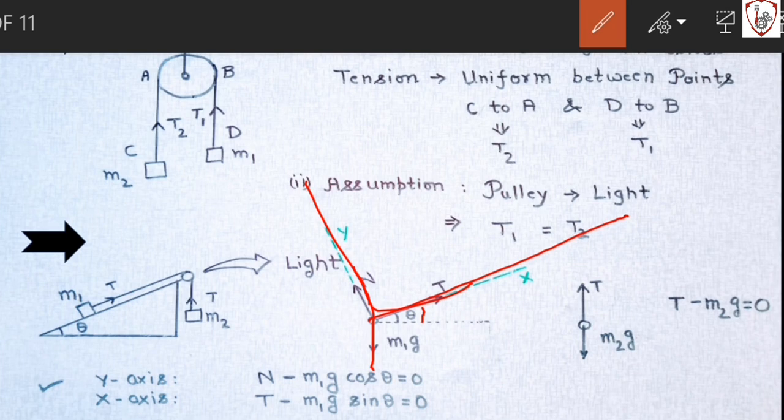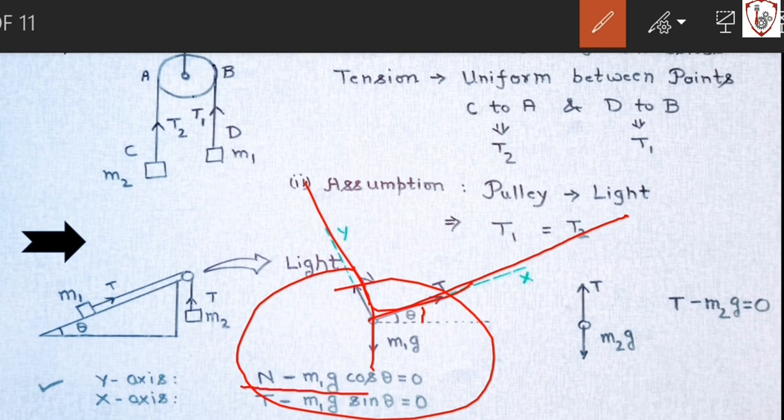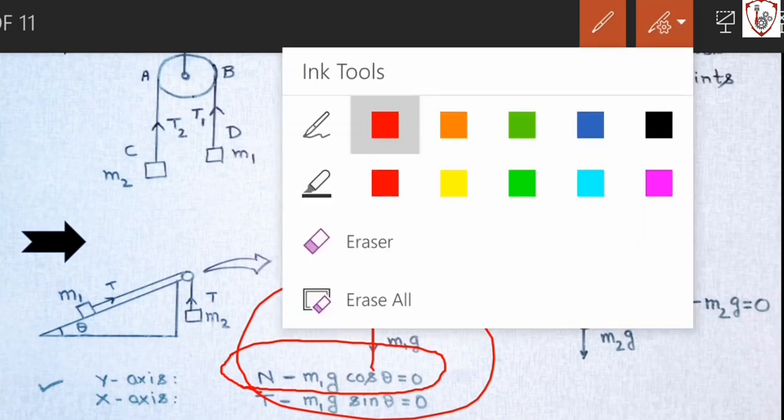Now apply Newton's second law. F is equal to ma. There is no acceleration, so the overall net force will be 0. In the y direction, N divides m1g in the y direction. Let me show it properly.